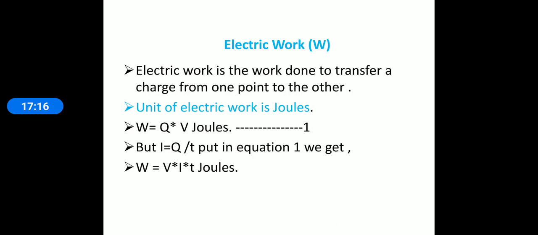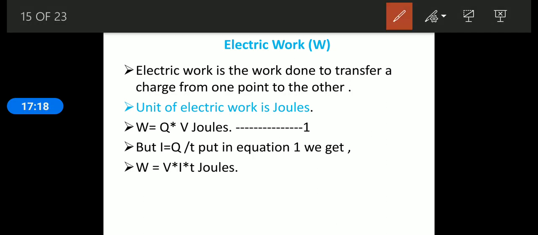Then next point is electrical work. The electrical work is denoted by W. The electrical work is the work done to transfer charge, transfer electrons from one point to another.